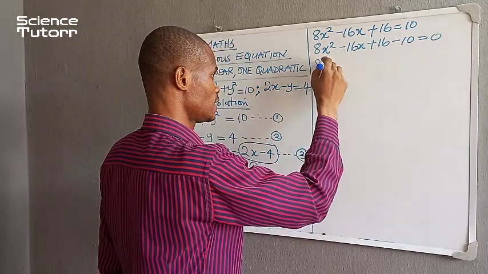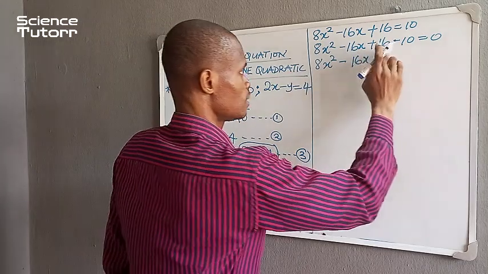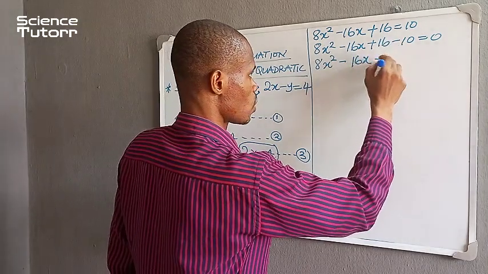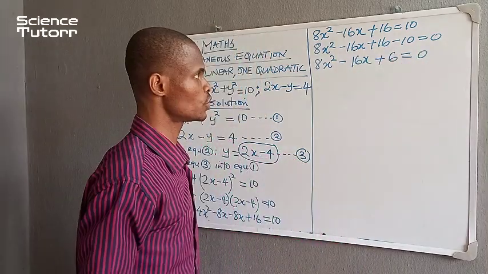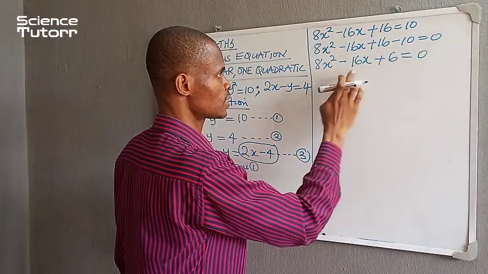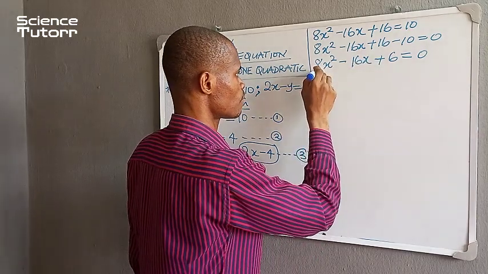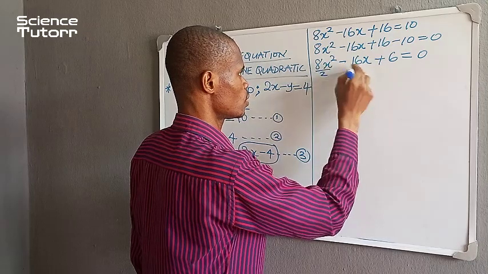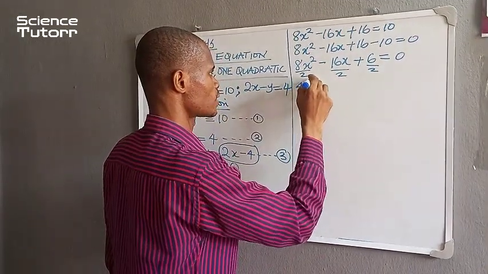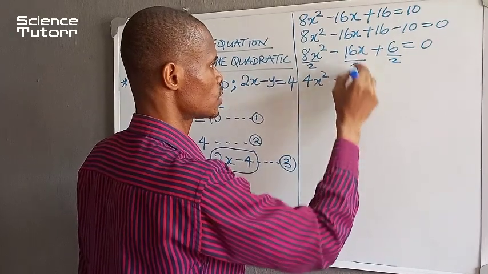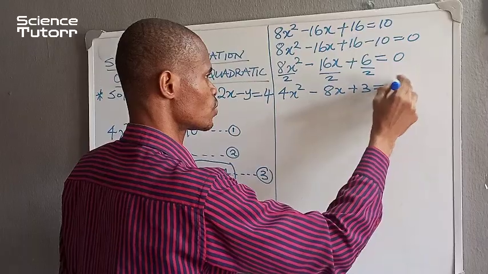So that makes it 8x squared minus 16x plus 6 equals 0. We can reduce to the lowest term since they are all even. 2 can divide through. So I divide through by 2. So that makes 4x squared minus 8x plus 3 equals 0.